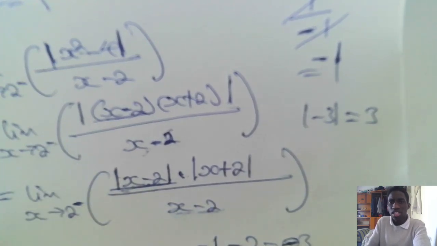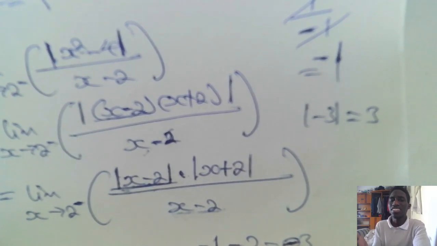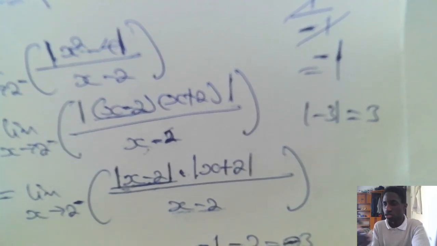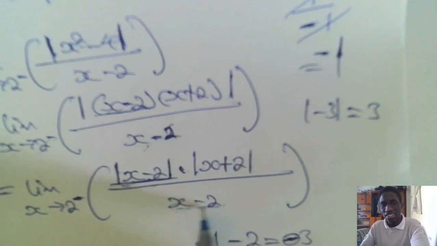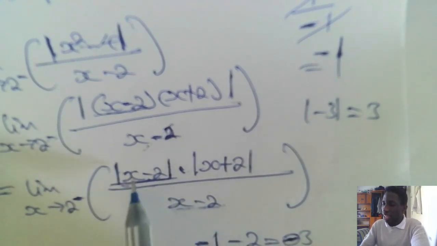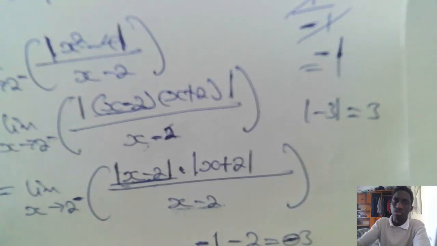The denominator still retains the negative results. So you can have a picture here of x minus 2 being negative for the denominator and x minus 2 being positive for the numerator.